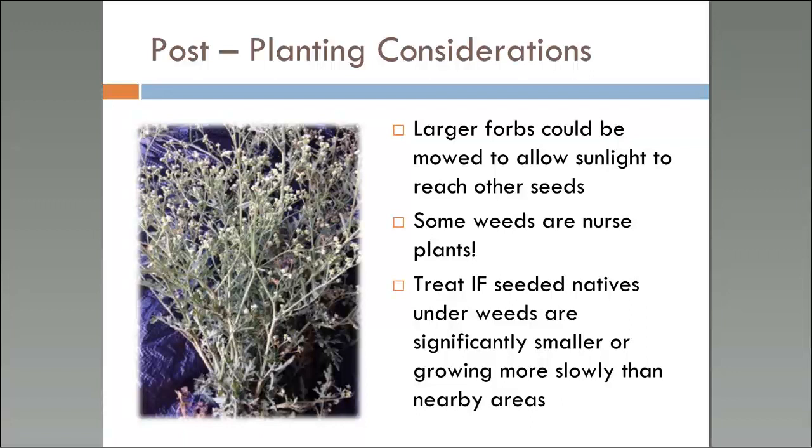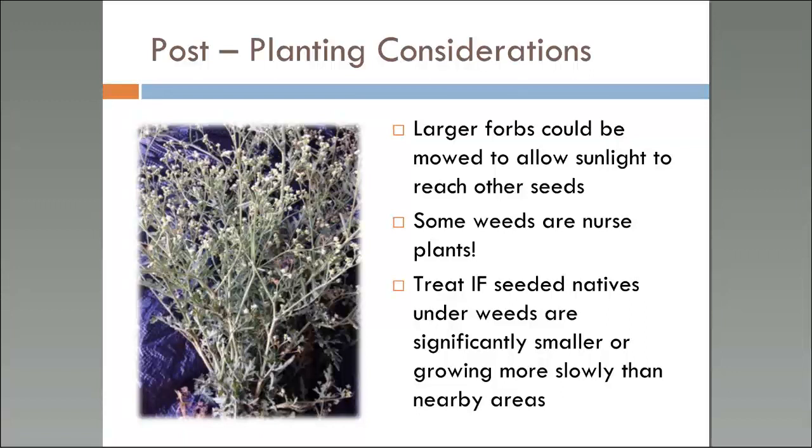Consider though that when these weedy looking forbs come up, whether you planted them or if they're volunteer, they can act as nurse plants. They really help hold the soil. They create little microenvironments. They can be very beneficial in helping those other plant species to get established. So don't necessarily count them out just because you see a lot of forbs and not many grasses.